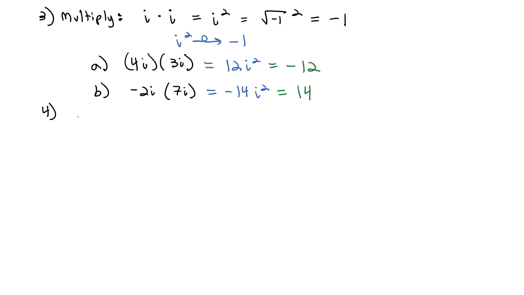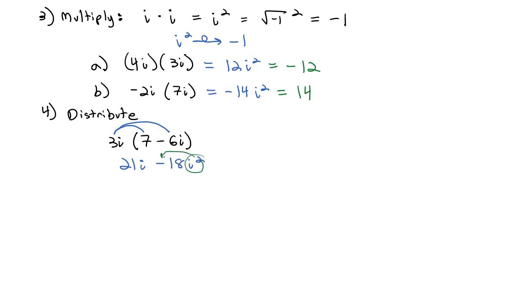We can extend this idea of multiplying to distributing and solving problems like 3i times 7 minus 6i. When I distribute, 3i times 7 is 21i, and 3i times negative 6i is negative 18i squared.